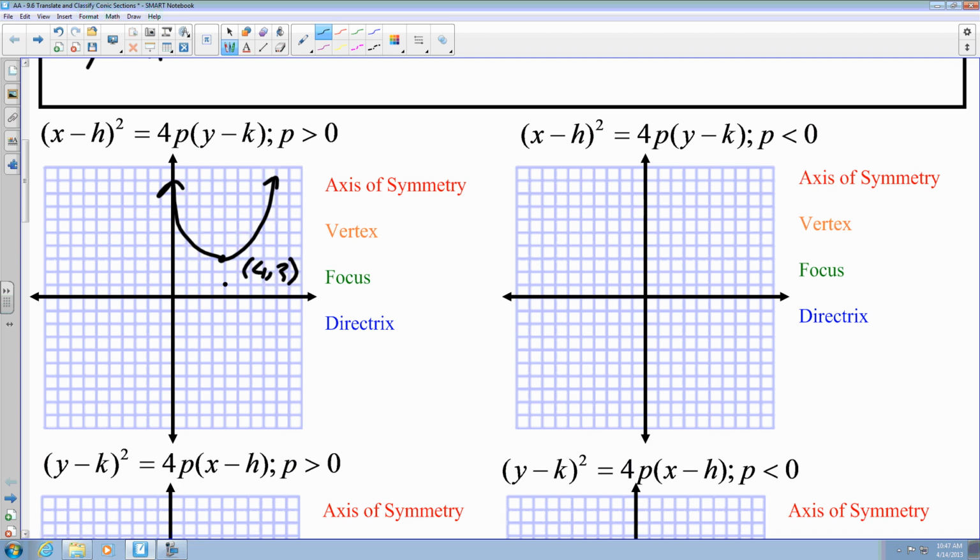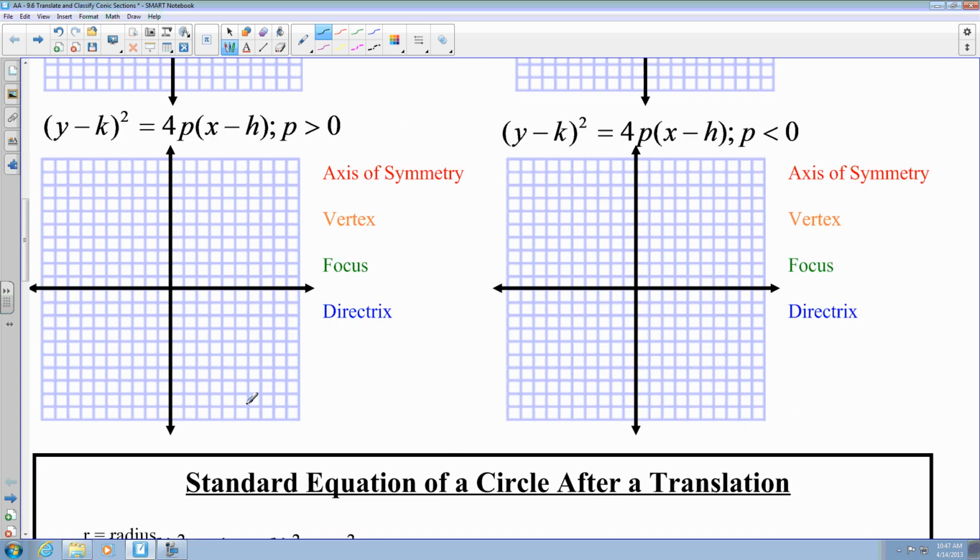That's where we get the directrix here. The same thing goes here. It just means the positioning of this, but p would be a negative number. Same thing goes here. If p is positive, like say my vertex would be here, it'd be opening to the right. And if it was negative, it'd be opening to the left. Okay.